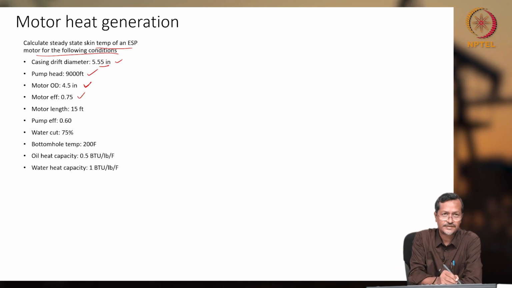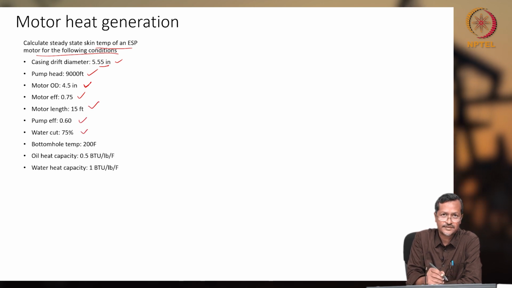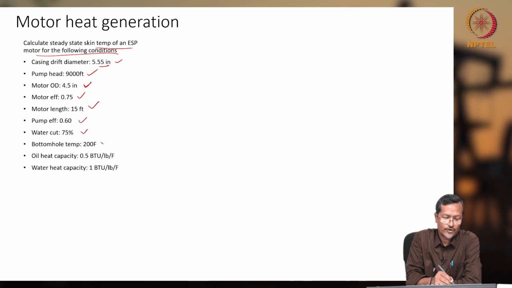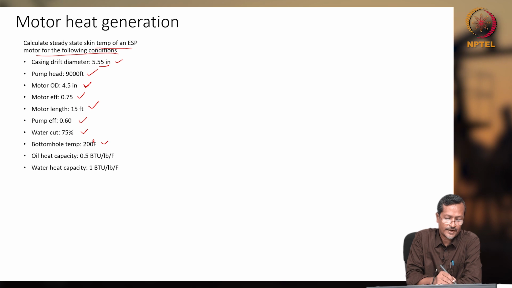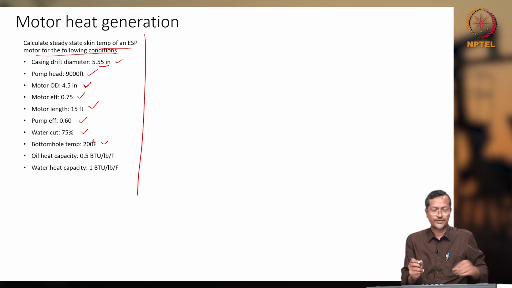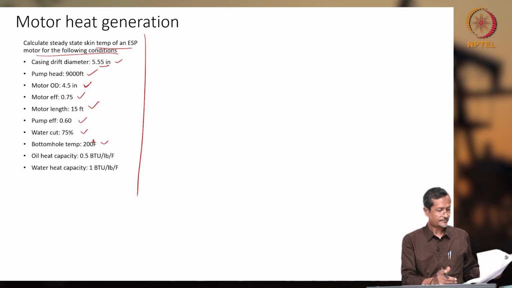Motor efficiency 75% assumed, motor length 15 feet, pump efficiency 0.6, water cut 75%, bottom hole temperature 200 degree Fahrenheit, oil heat capacity 0.5, water heat capacity 1. So this data is given, and based on that you have to calculate the steady state skin temperature of an ESP.